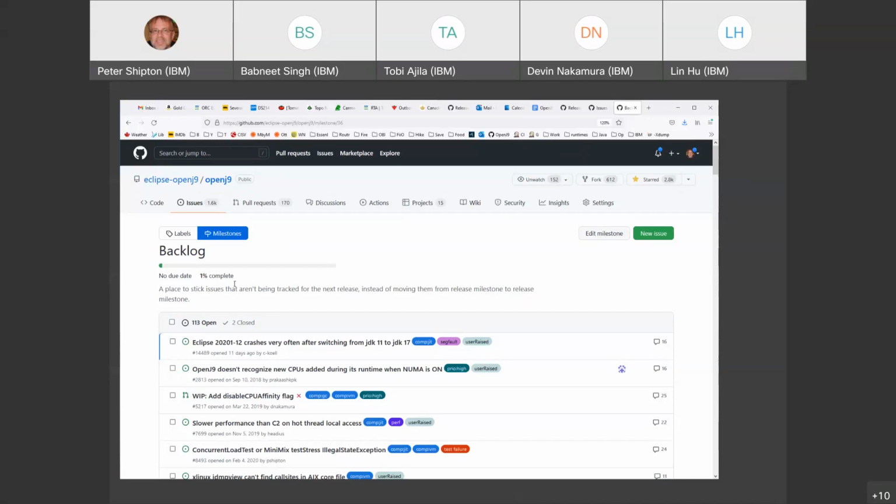But if they don't seem urgent, or could be machine problems or network problems, then they go into the backlog. So I'm looking at the team leads to look at the items in the backlog and figure out what needs to be resolved for the next release and add them to the milestone plan for the next release.